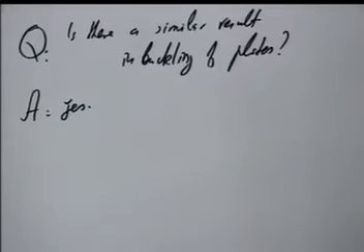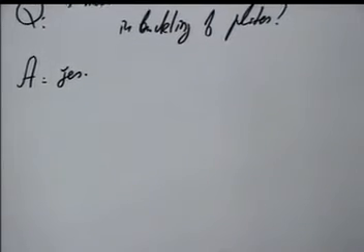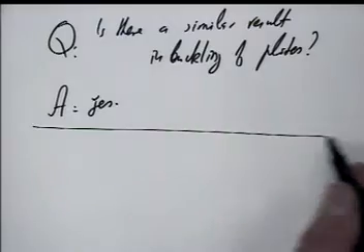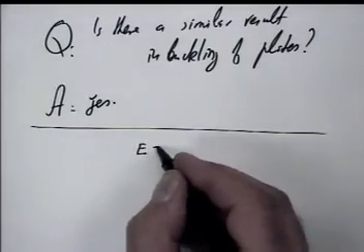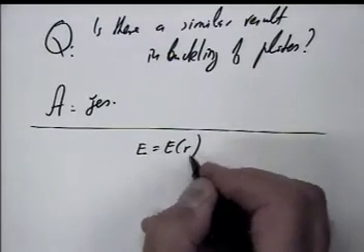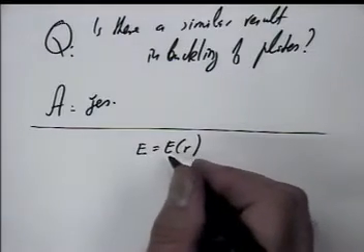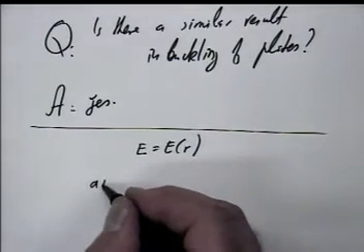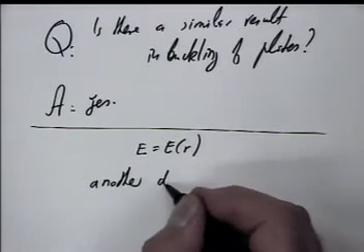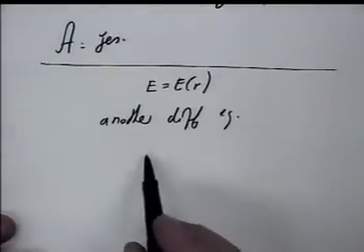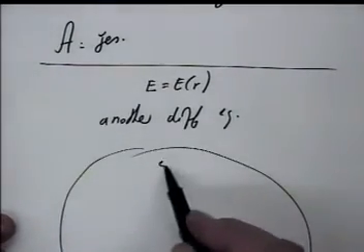First, I would give you, without derivation, what we want actually: imagine that E is a function of r. If E is a function of r, we will have another differential equation. Look, the same was in the beam case. Let us say column.